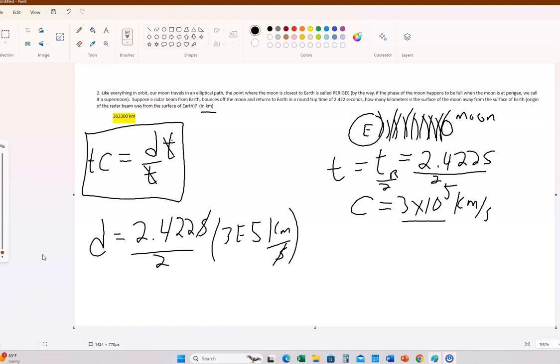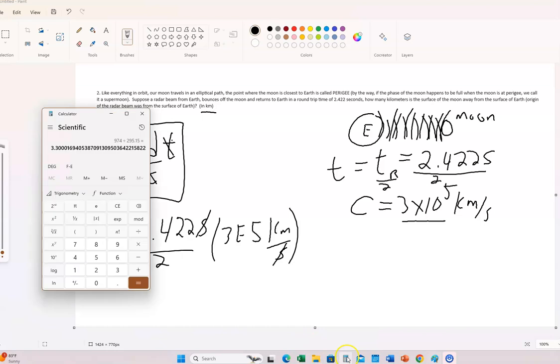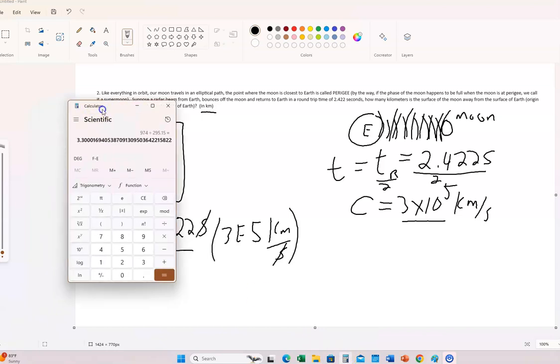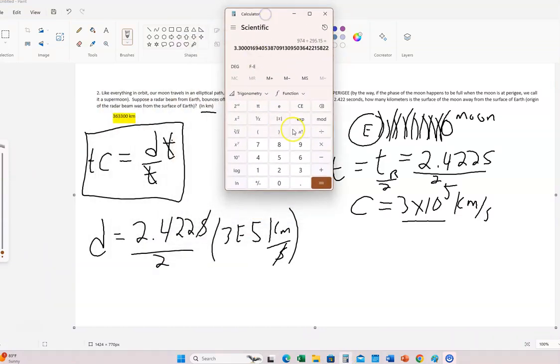Let's see what this comes out to be. Let me get my calculator. The round trip time was 2.422. Then we divide that by 2, because that's just the time to get to the moon.